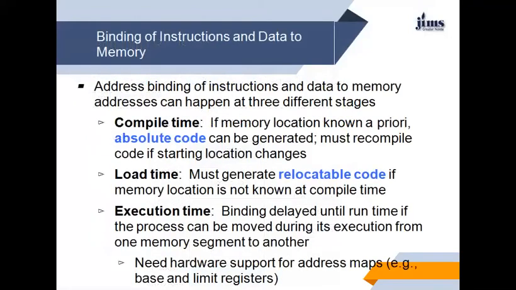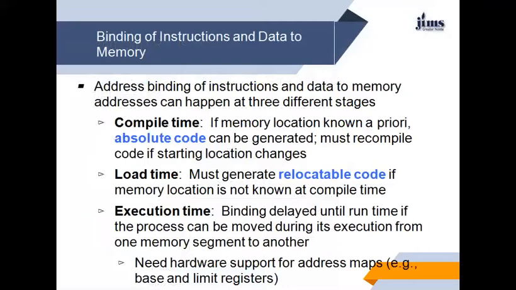Binding of instructions and data to memory. How are the instructions and data bound to memory? Address binding of instructions and data to memory addresses can happen at three different stages: compile time, load time, and execution time.